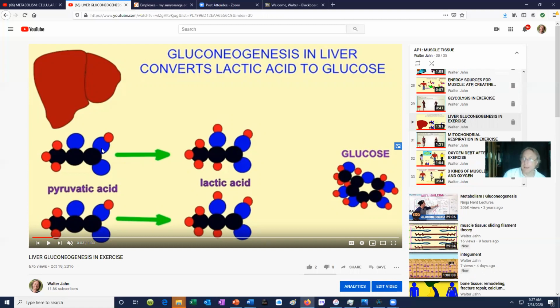But pyruvate then becomes an acid. That's bad. Acid is building up in my tissues. As I change the pH of my tissues, my muscle proteins start to change their shape. Now nothing works. This is a cause of, say, a cramp, et cetera, and I'll get back to that.